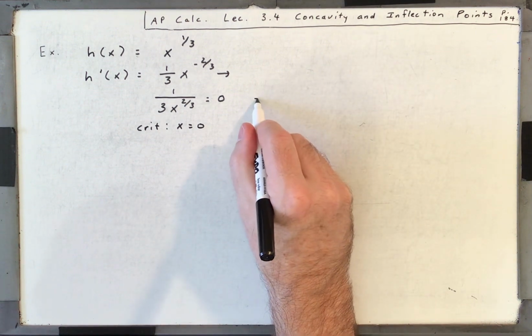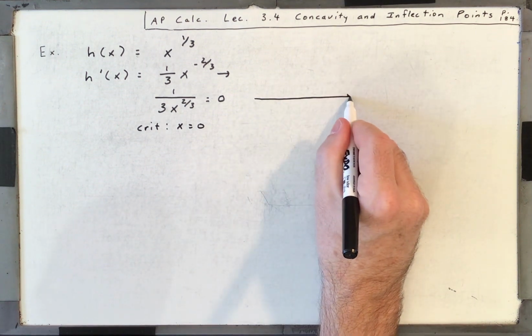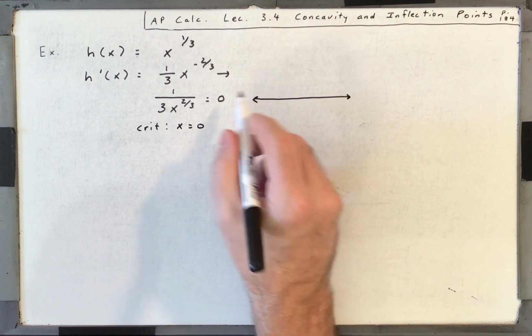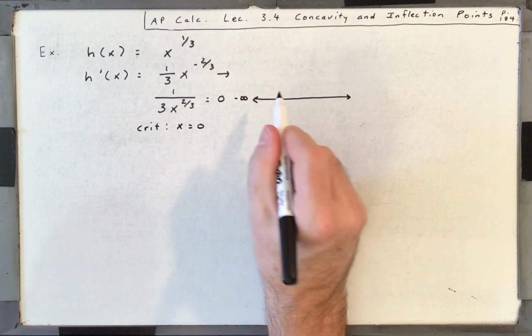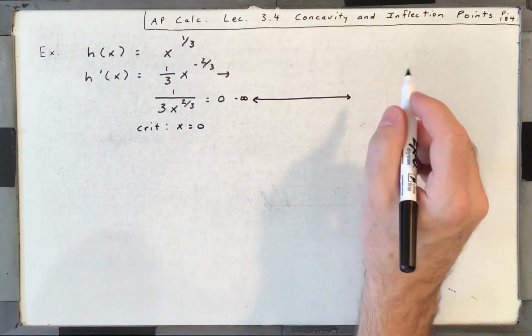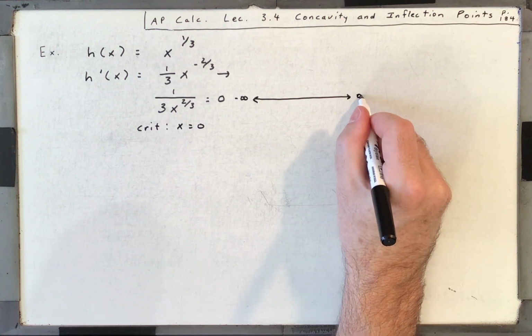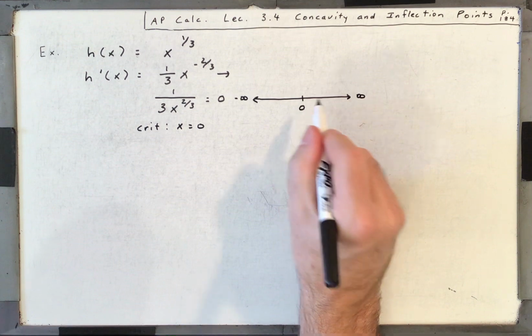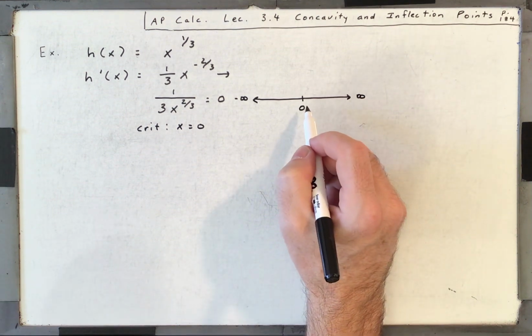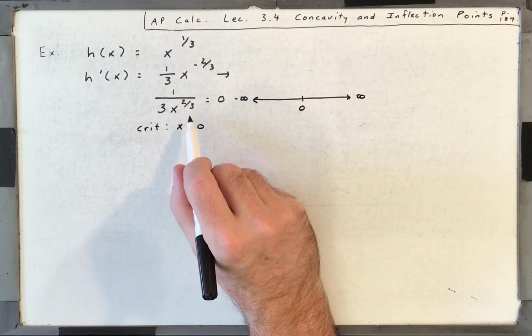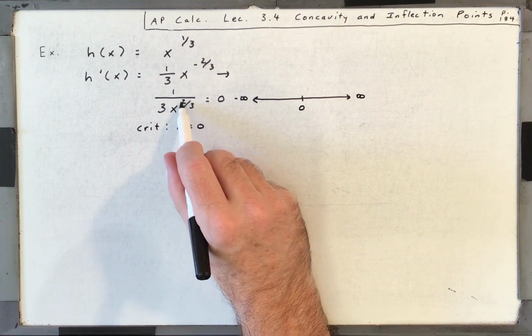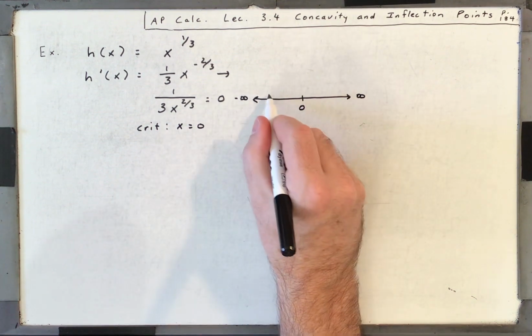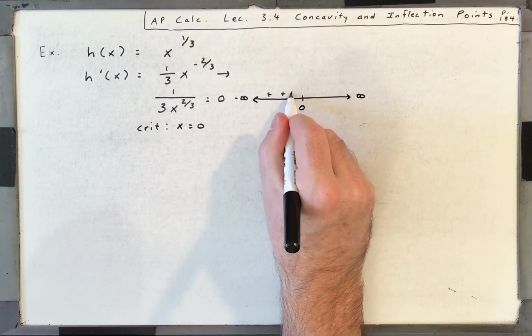So I'm going to draw my sign line right next to that, because this is where I'm going to plug into. I don't like to plug into negative exponents. It confuses me. All right, we've got 0 here. To the left of 0, let's say negative 1, you're going to square that negative 1 and make it positive, so it's positive.